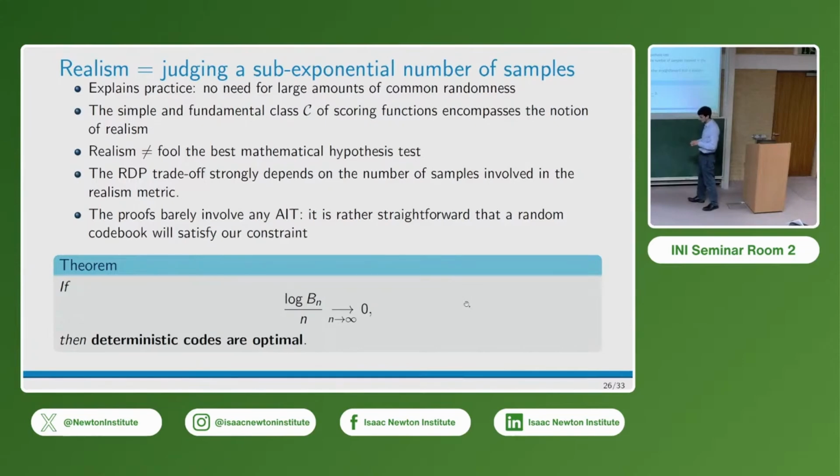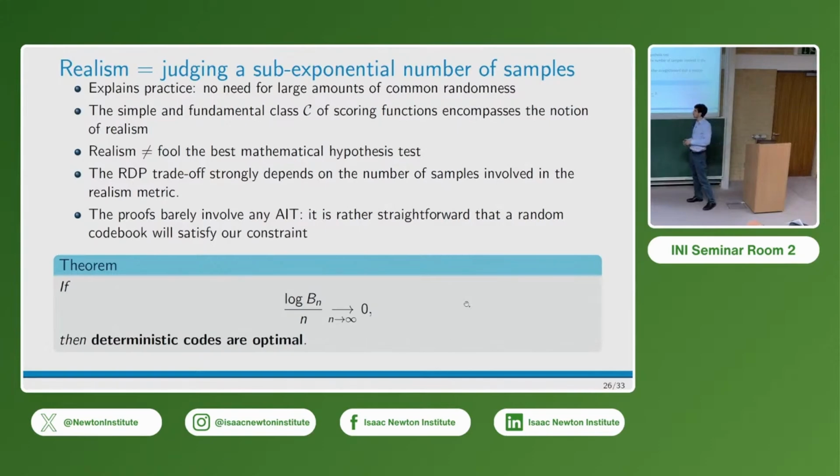And again, realism is encompassed by this class of scores, which in the end have a rather simple form and have fundamental ties in statistics to hypothesis testing. And this is the going definition in algorithmic information theory. So from that perspective, we don't need our compression scheme to be a great generative model.